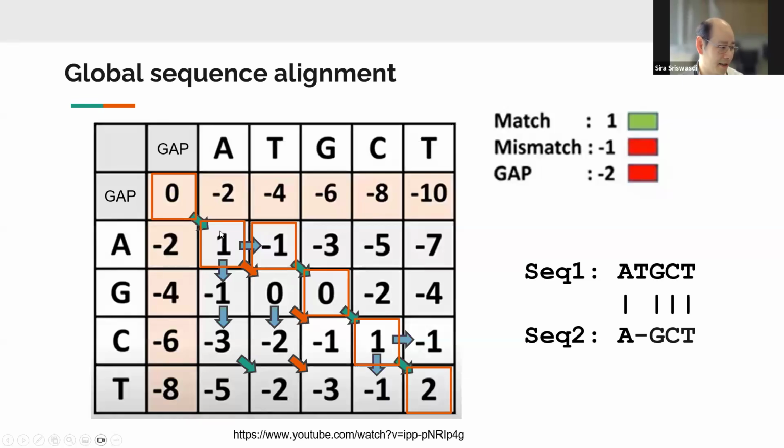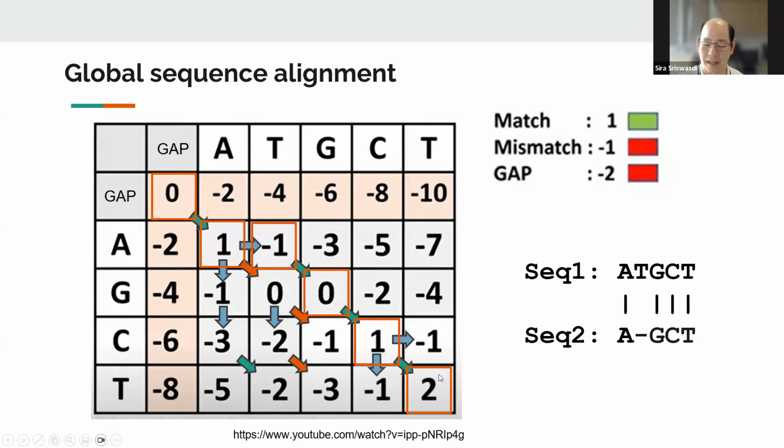The diagonal arrow tells you that we take the sequence from the top and the left and align them. If we have horizontal or vertical arrows, this means we introduce insertion deletion. So in this case, we have one match, one insertion deletion, second match, third match, and then fourth match. The total score at the end is +2.